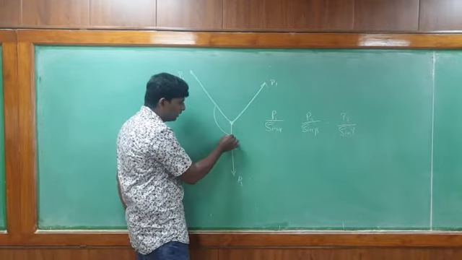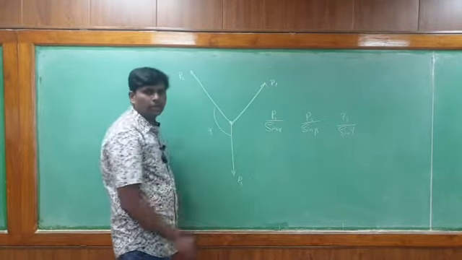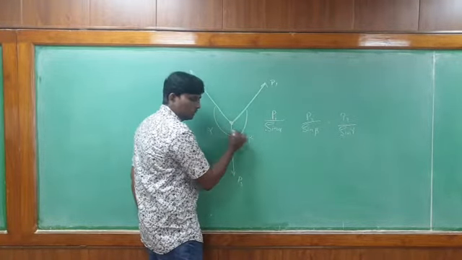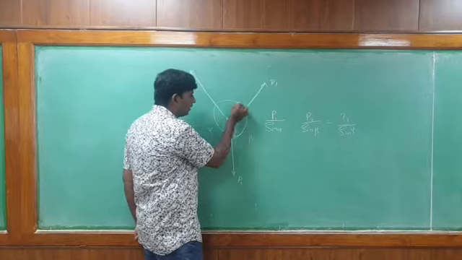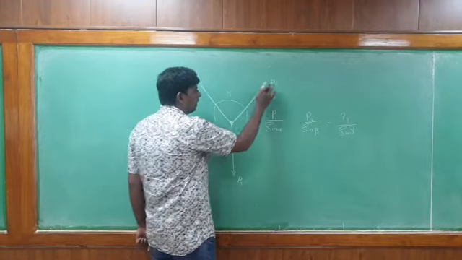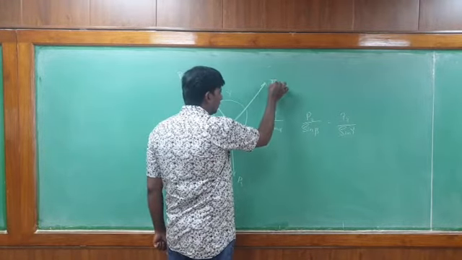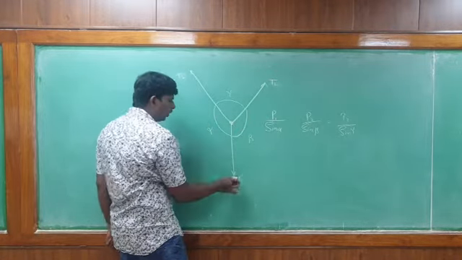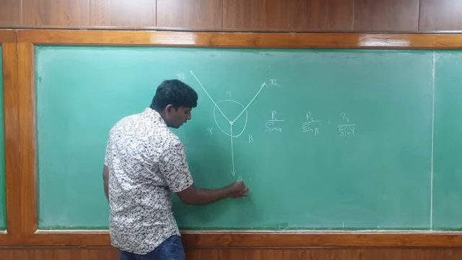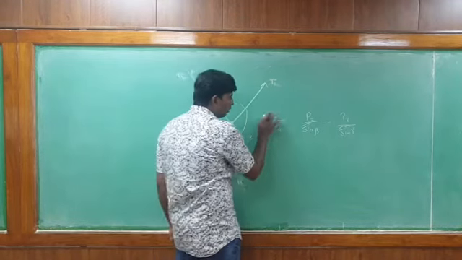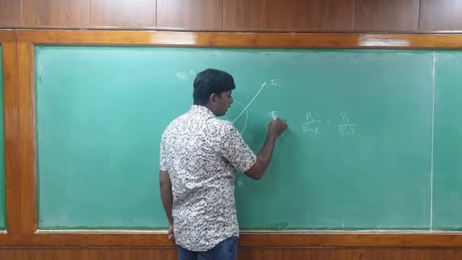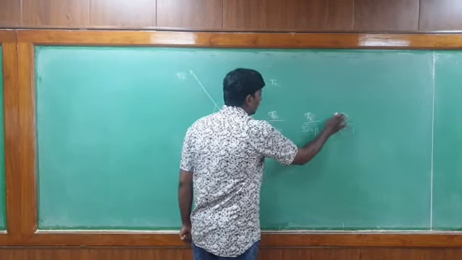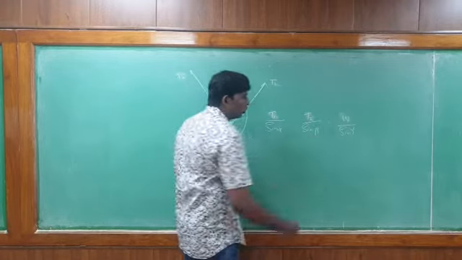Whatever the angles are, you can consider them as alpha, beta and gamma, or in place of P1 you can write T1, here T2, and here some load will be given, that is W.